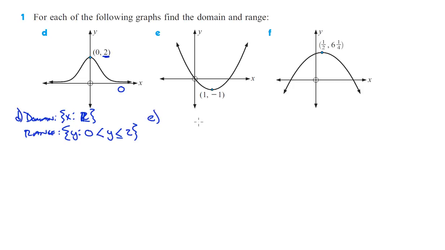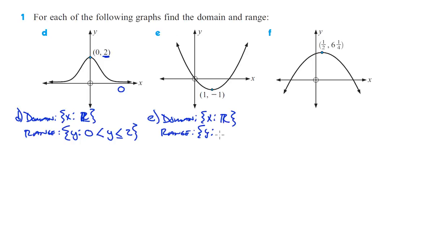E, we've got the domain is x such that, and again this goes forever and ever to the left, forever and ever to the right. There are no asymptotes anywhere, so x is the real numbers. And then the range is y such that, and again, here's the lowest point.